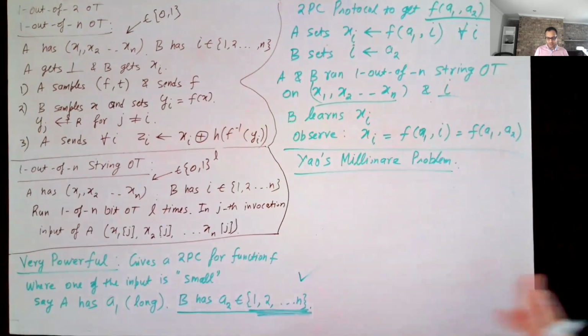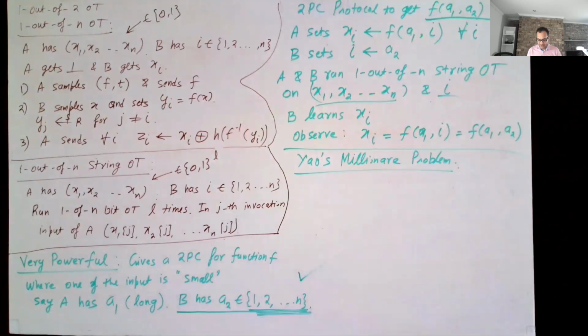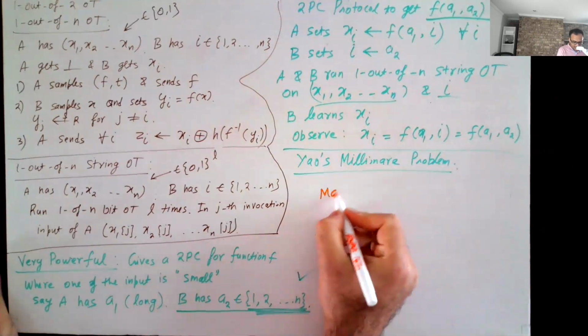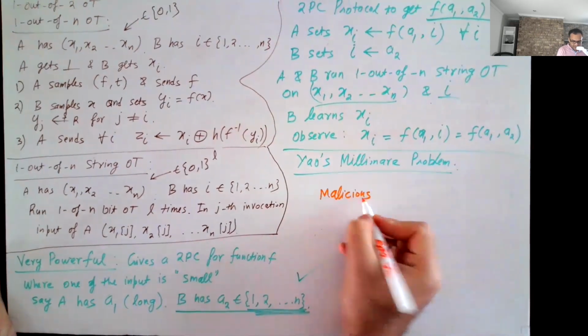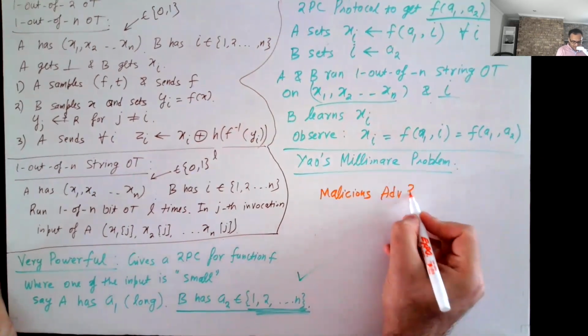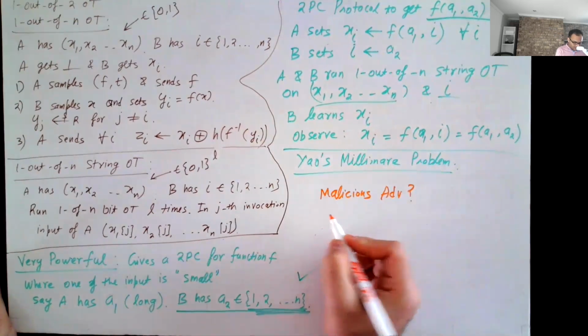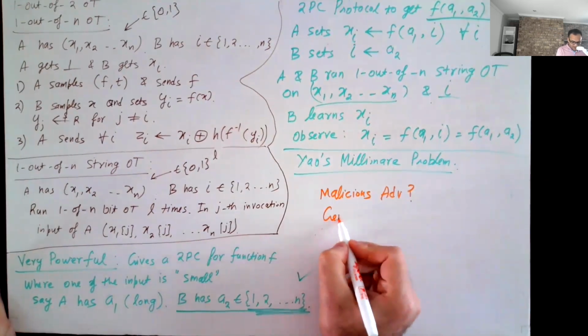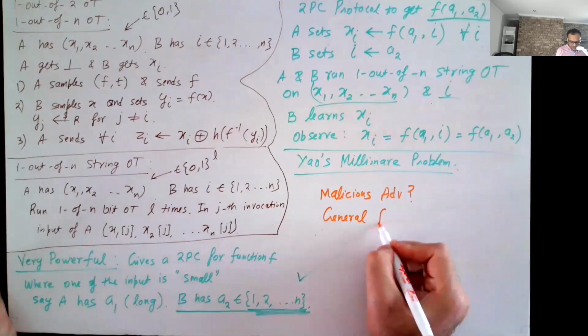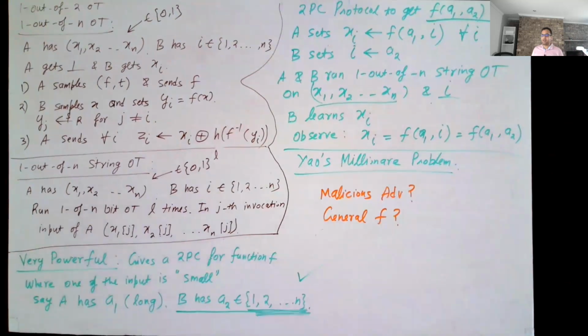And now there are many open questions, which we'll look at in future lectures. So what about, for example, malicious adversaries? That will be the topic of the next class. What about more general functions where both of the inputs can be very long?